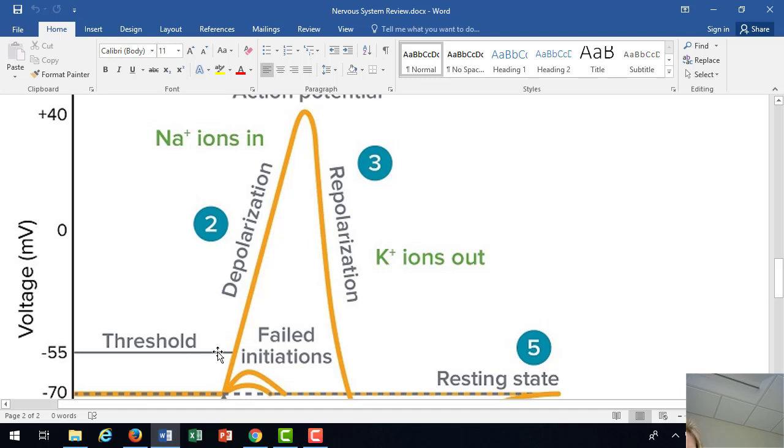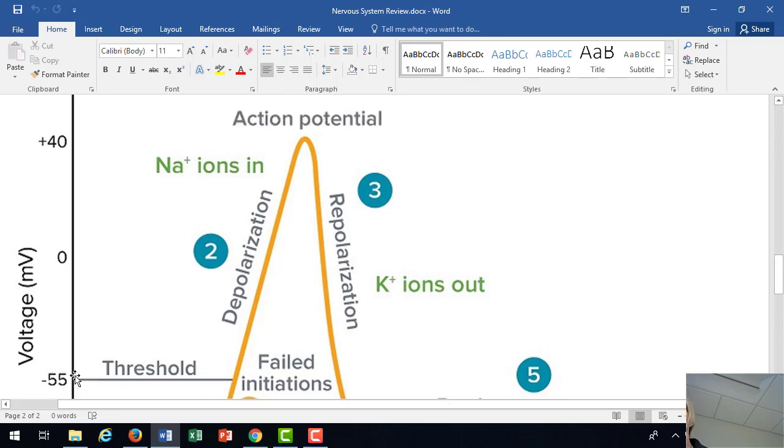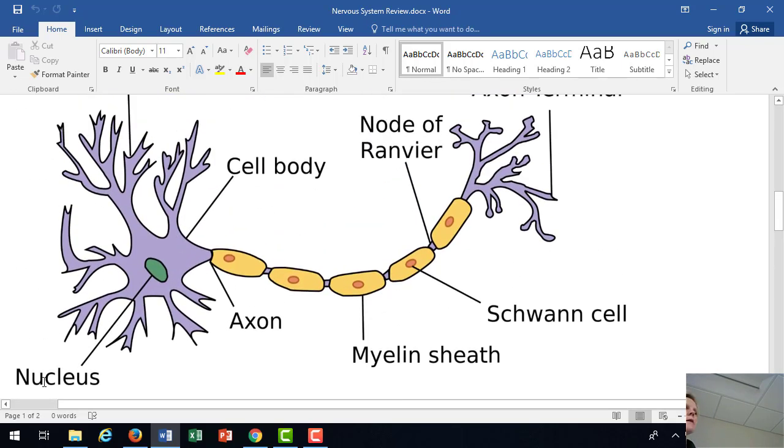So in order to get what we call an action potential, an action potential involves those voltage-gated channels on the axon hillock and the axon. That's only going to happen if we hit -55. And nothing is actually moving down the axon. It's kind of like if you're doing the wave in a stadium at a football game. You stand up, right? And when you stand up, it causes the person next to you to stand up and sit down, which causes the next one.